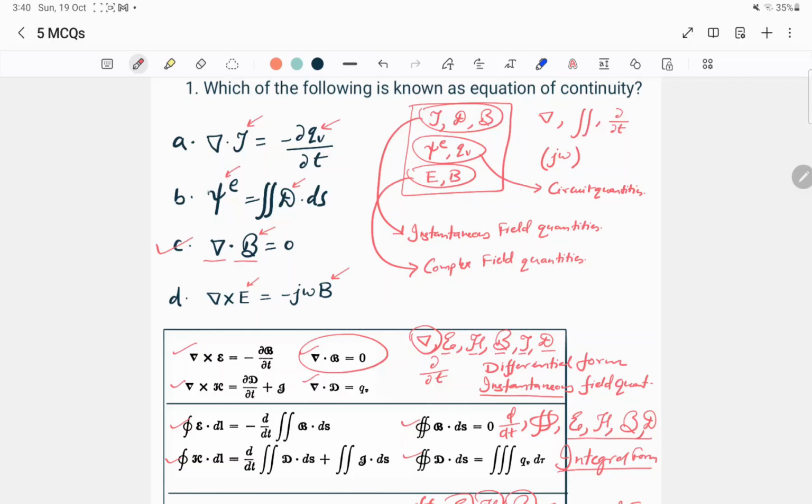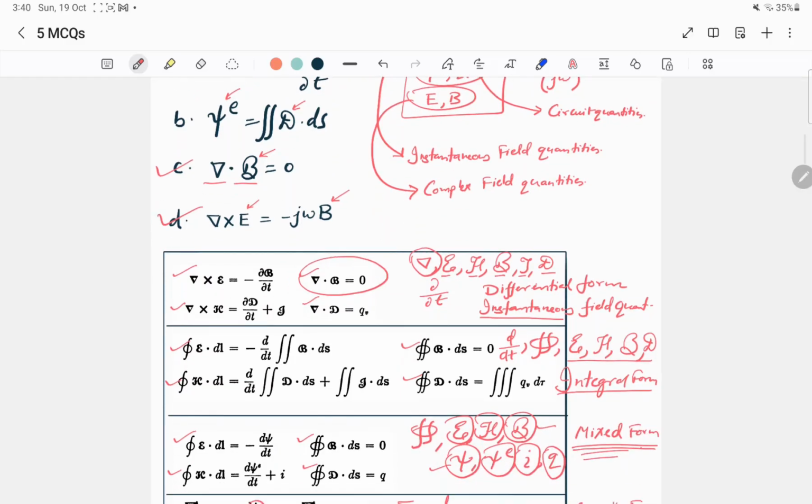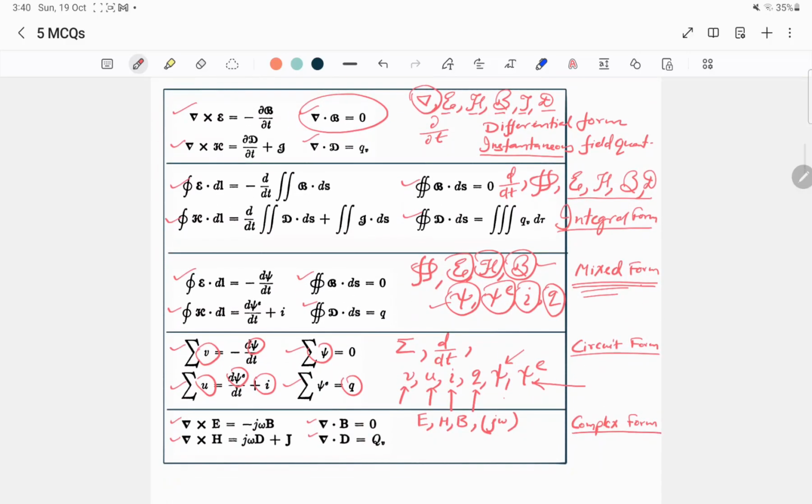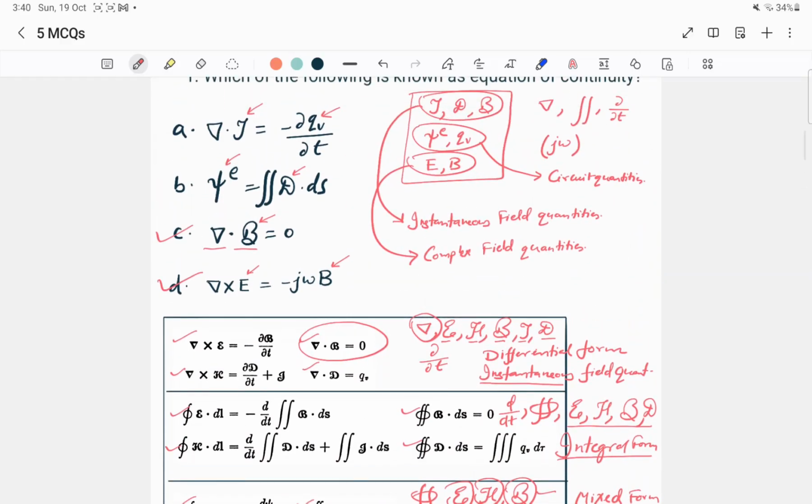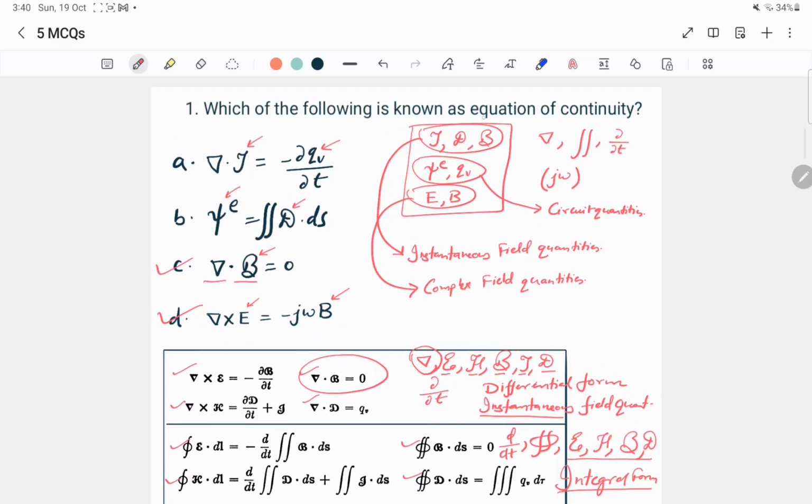If you see option D, this is also a Maxwell's equation written in complex form, this particular equation, which is Maxwell-Faraday law written in complex form. So C and D are Maxwell's equations. You have been asked to find the equation of continuity. So C and D are not the equation of continuity. So only two options are left, A and B.